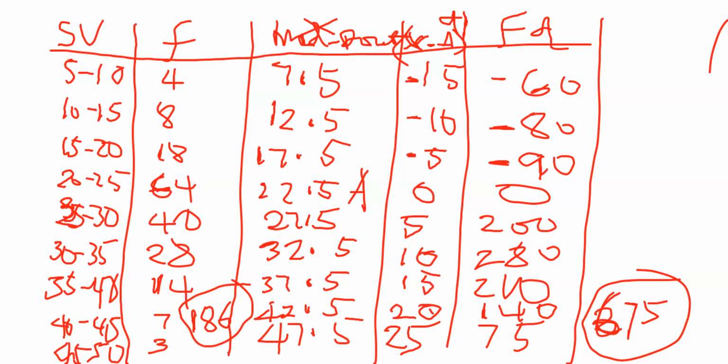Total for FD is 675, which means minus 60 plus minus 80 plus minus 90 plus 200 plus 280 plus 210 plus 140 plus 75. The total is 675. Is it clear?